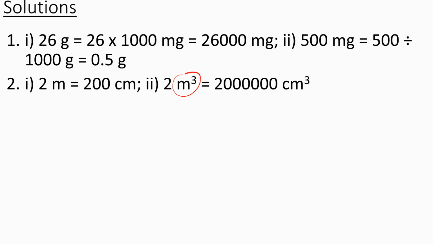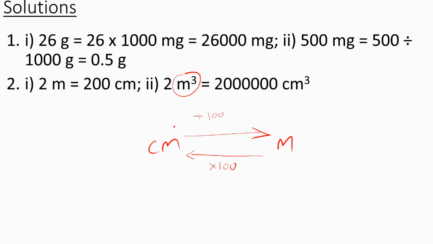Because 200 cubed, well, it's because of this actually. If I want to change between centimeters and meters, centimeters to meters, we would divide by 100. Meters to centimeters, you would times by 100.